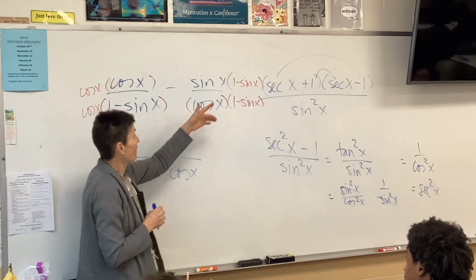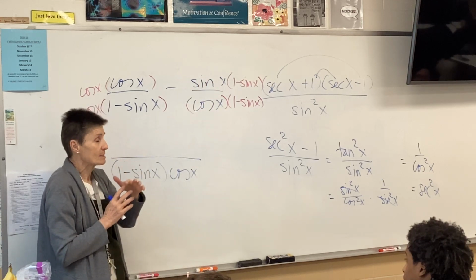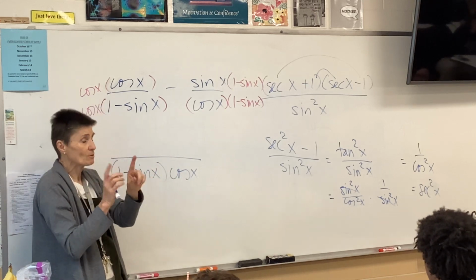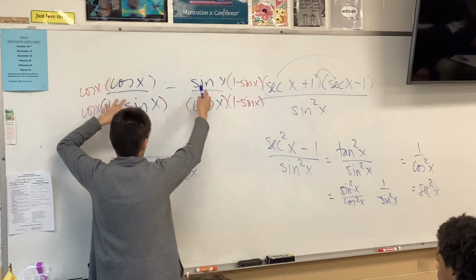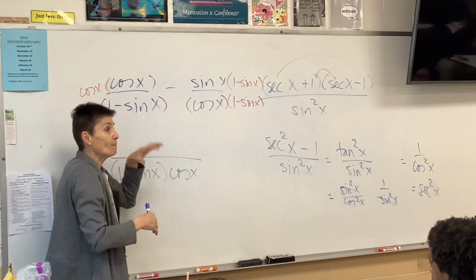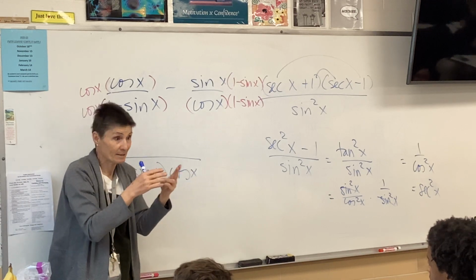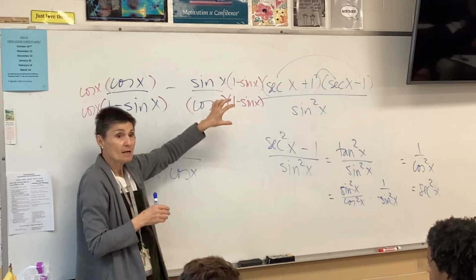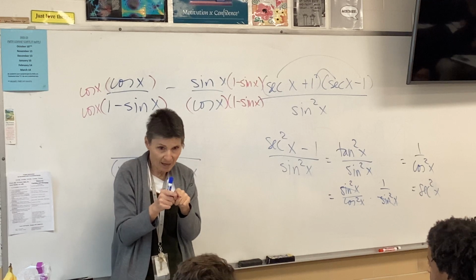Another thing some of you might have been thinking about: hey, sine over cosine, that's tangent. It is, and you can do that, absolutely wouldn't be wrong. Here's the issue I have with it. How many functions are already in the original problem, which is blue here? 2, sine and cosine. When you turn around and make this a tangent, now you've got 3, and your job is to simplify, right?